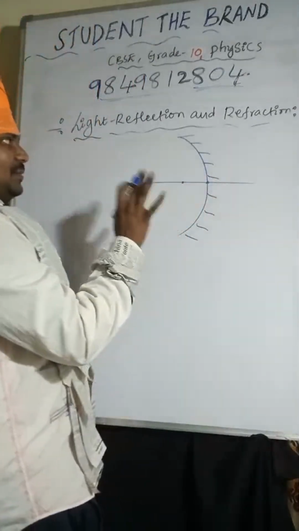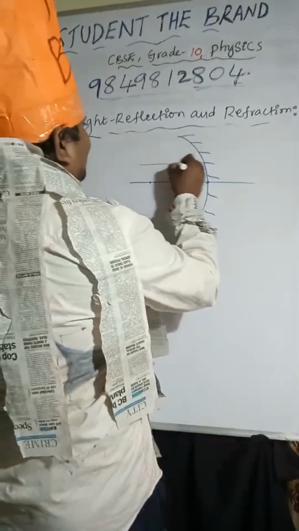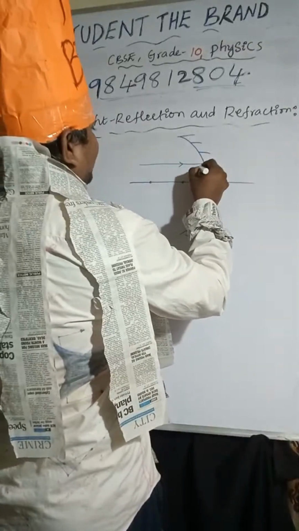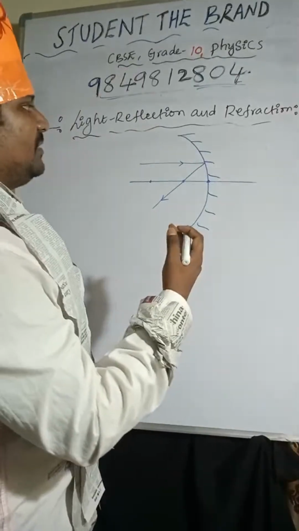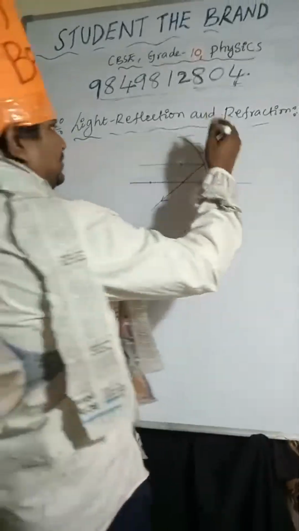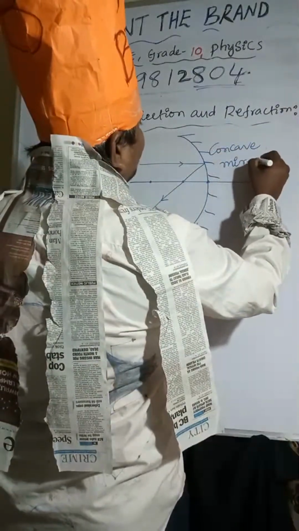Now we are discussing spherical mirrors. The mirror which is in the form of a curved surface is called a spherical mirror. Concave mirror is also known as a converging mirror.